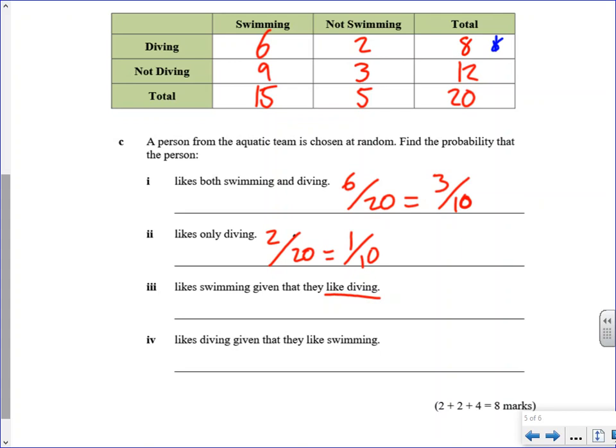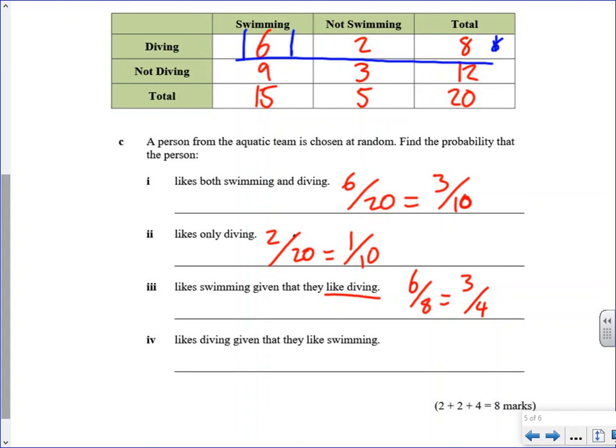So we know we're choosing out of 8. Now the question is asking, of those 8 people, how many of them also like swimming? We're looking at this row, and we've got 6. So this will be 6 over 8, which equals 3 over 4.